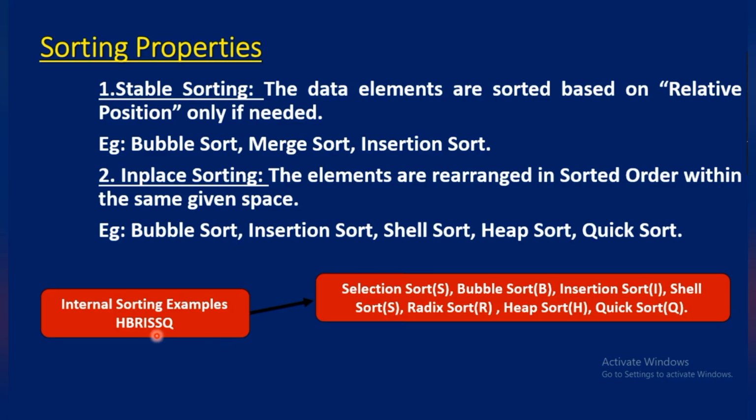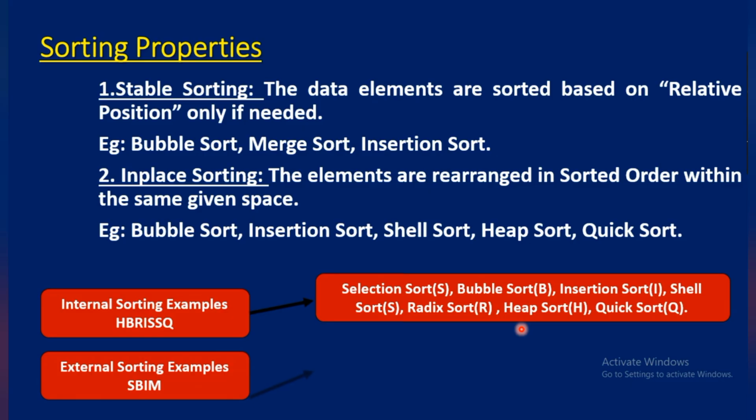Internal sorting can also be remembered as HBRISQ. H stands for heap sort, selection sort is S, bubble sort is B, insertion sort is I, shell sort is S, radix sort is R and quick sort is Q. So all these are shortened and I have written it as HBRISQ, right?